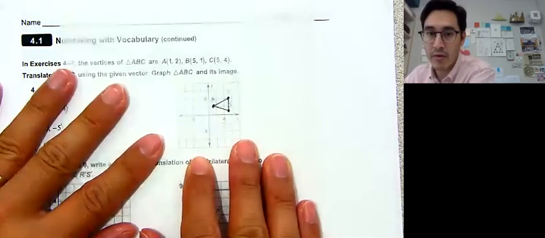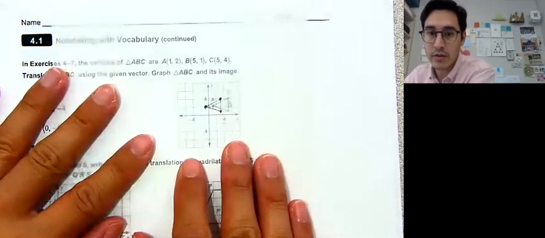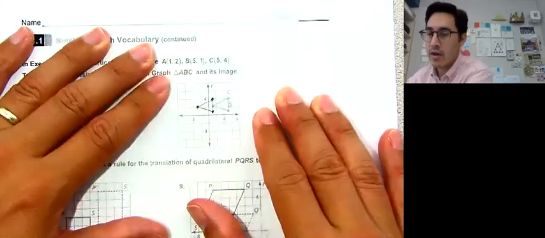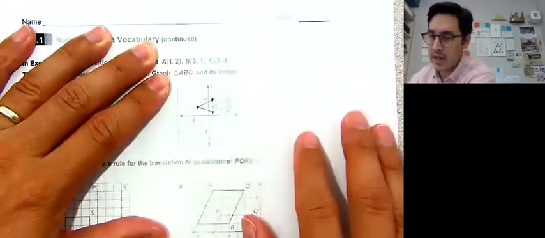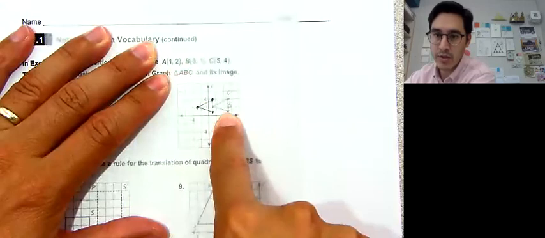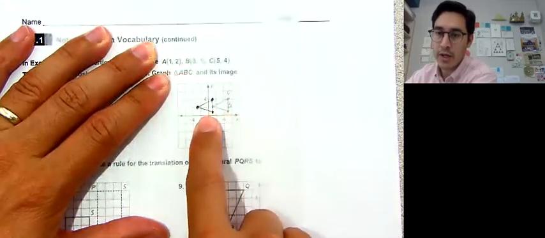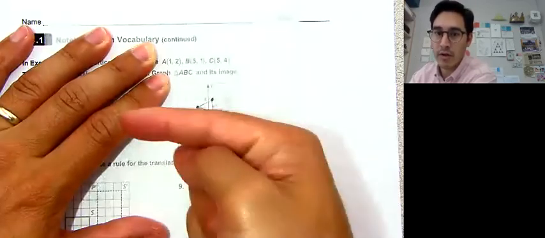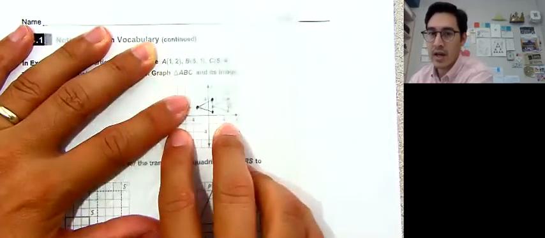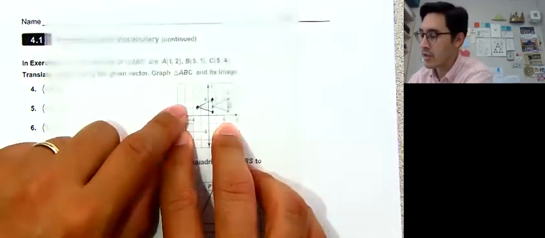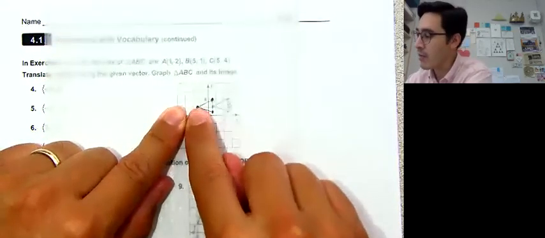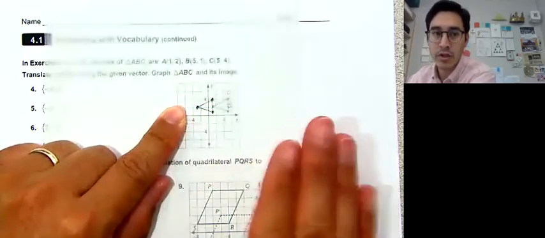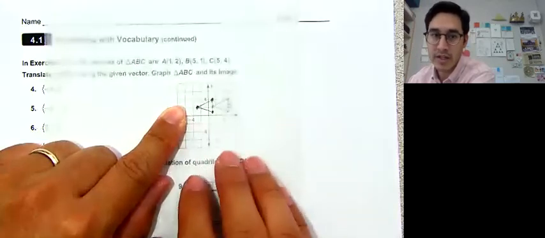I'm going to count it 1, 2, 3, 4. Now I can see in the background the original image, or the pre-image, and on my tracing paper is the new image. It's 4 units to the left. If I was going to label this new image, this would be A prime, B prime, and C prime. I'm not going to do the labeling here. I just want to show you the translations, the shifts.